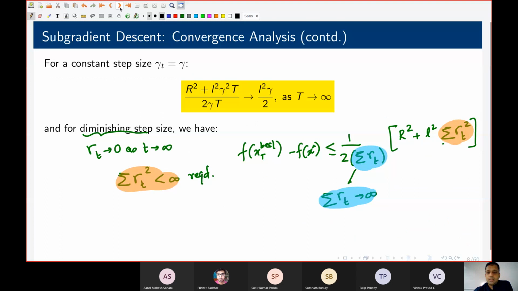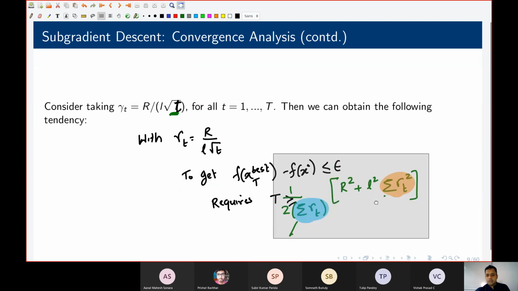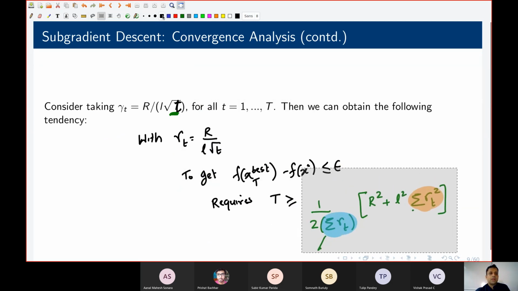So you would need that this expression is less than or equal to, okay, what does it require of this term?